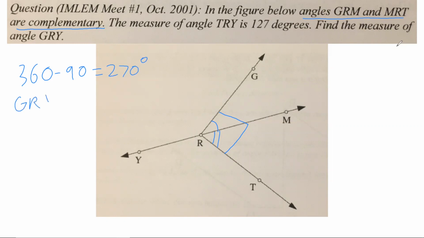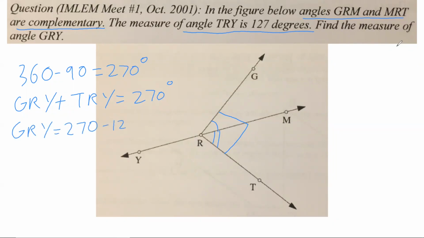Which means that GRY plus TRY is equal to 270 degrees. And what do you know? They give TRY as 127 degrees, which means that GRY is equal to 270 minus 127.